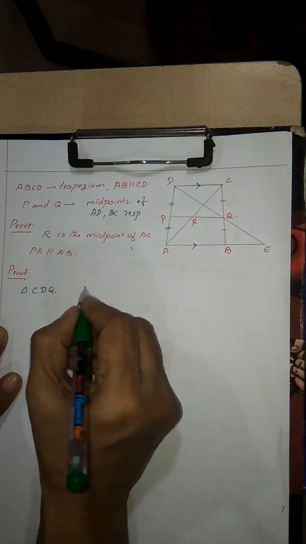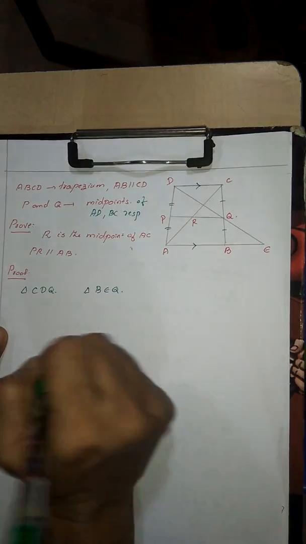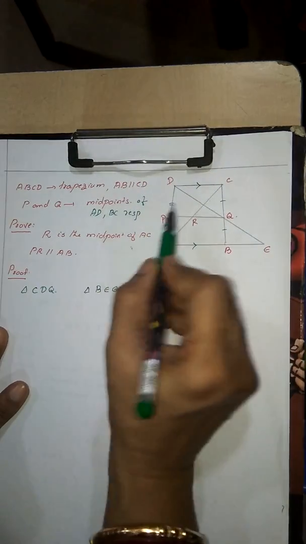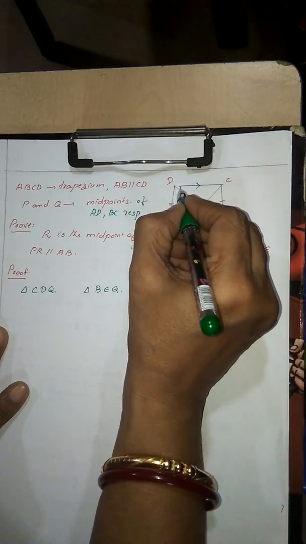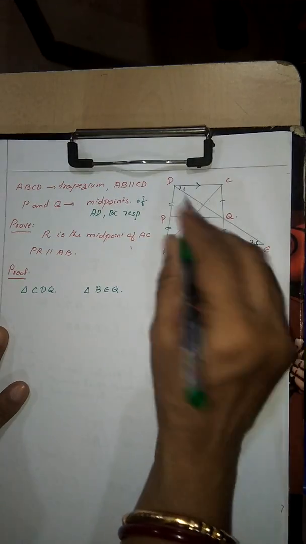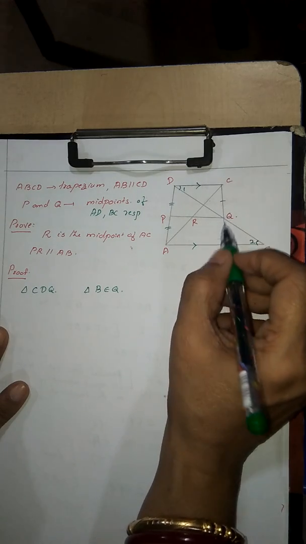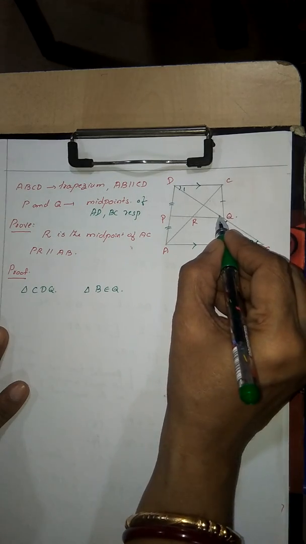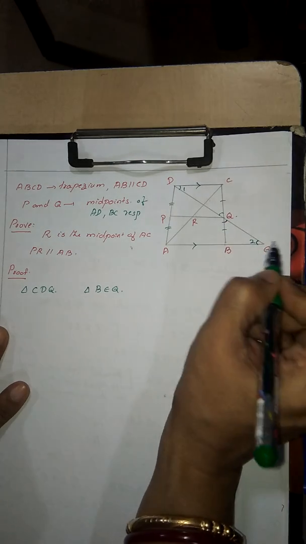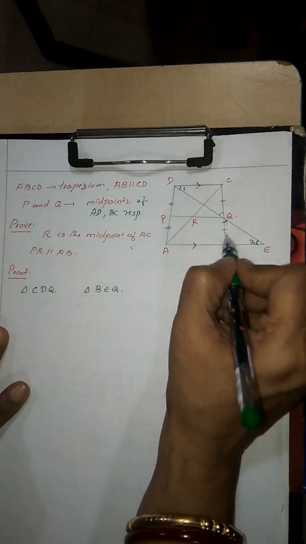We can say these two angles are equal because these two are parallel, so alternate angles. And then we have these two sides equal and these are vertically opposite angles. So AAS, we can say the two triangles are congruent by AAS.